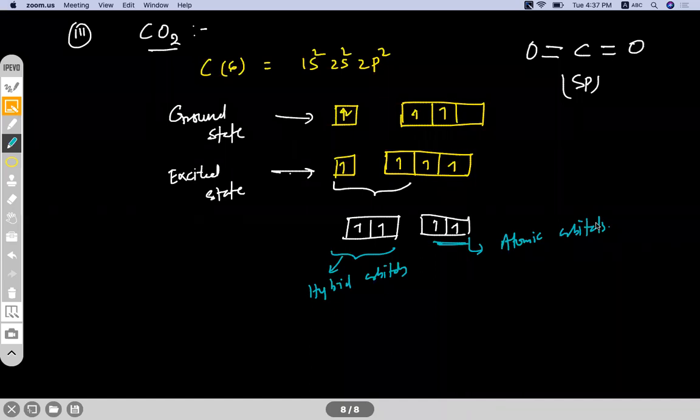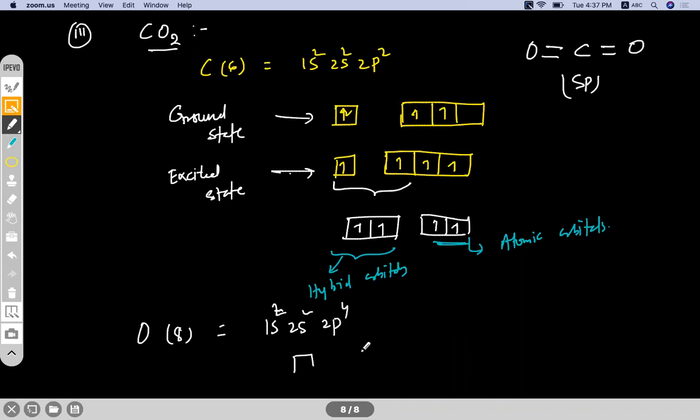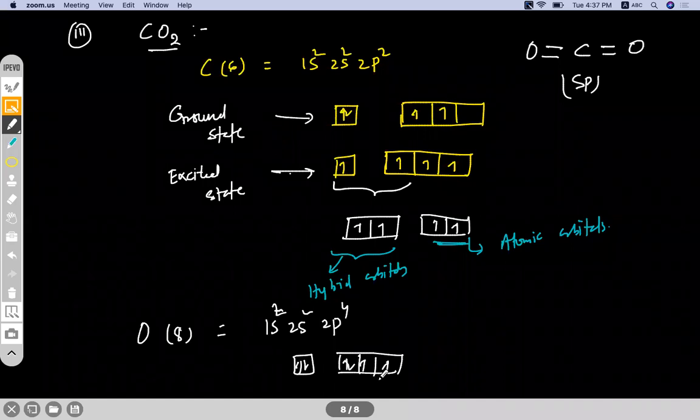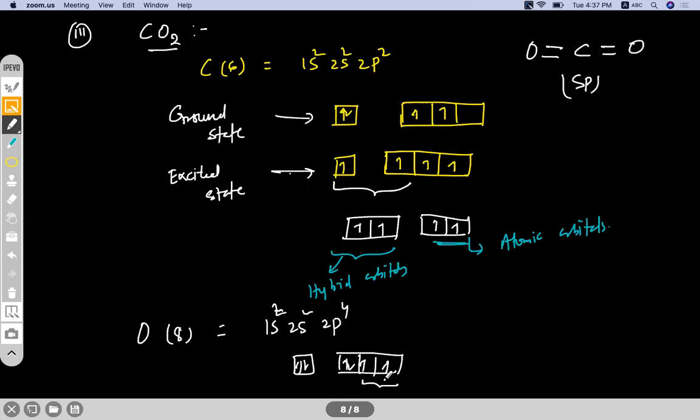Now we'll draw the orbital diagram. But before that, we'll see the electronic configuration of oxygen also. It has 8 electrons: 1s2, 2s2 and 2p4. 2s has 2 electrons and 2p4 has 4 electrons. So the point I'm trying to make is that for oxygen there are 2 atomic orbitals which have 1 electron each.